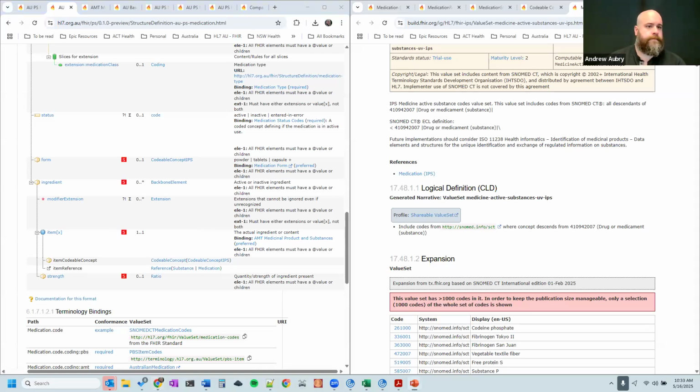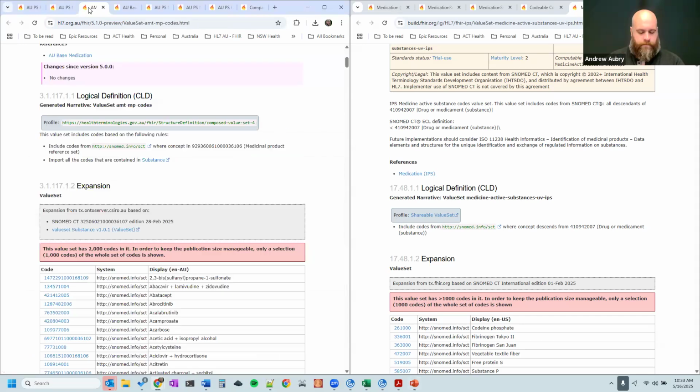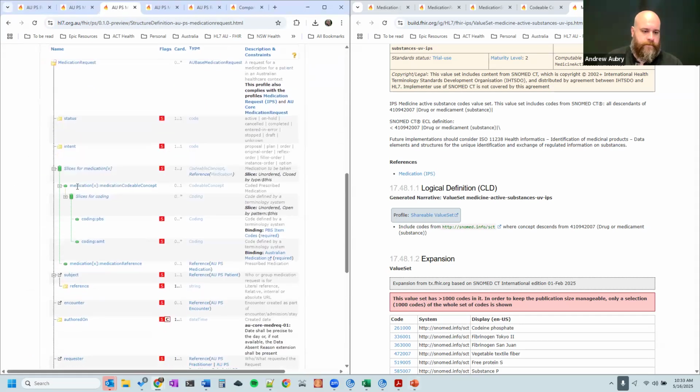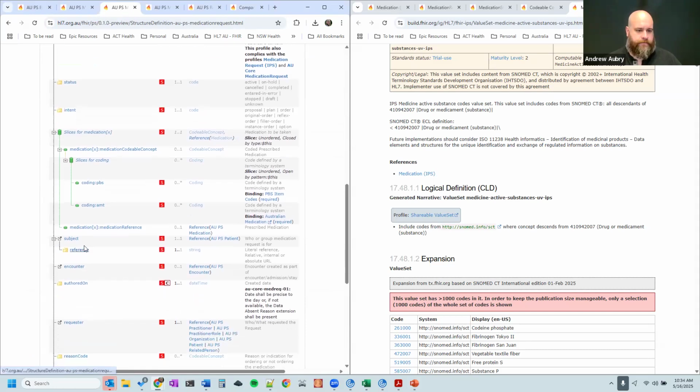Okay. All right, so medication request. Some of the key things to call out: medication request subject is inheriting a minimum of 1 and is flagged as must support in IPS.